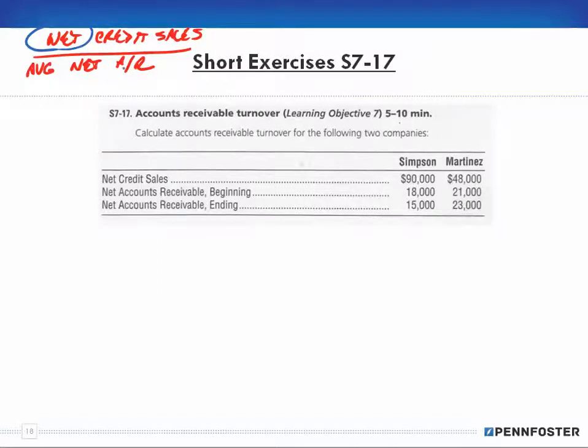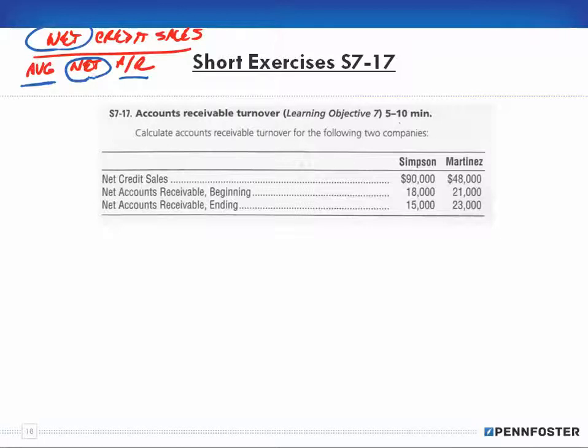And also notice that we have a net accounts receivable, right? Depending upon the data we receive, we may have to calculate the net accounts receivable, but we also have an average of the net accounts receivable. So we're going to average a beginning and ending net accounts receivable.